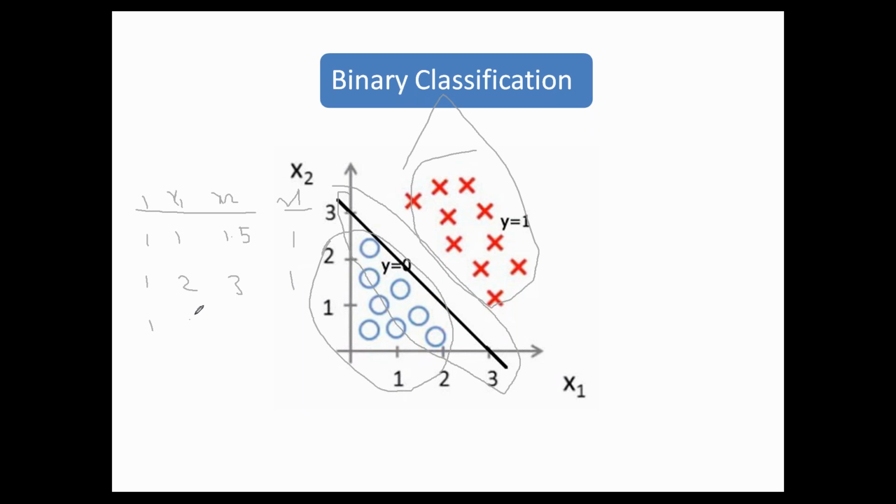Suppose 1, 2, 1 belongs to class 0. Three points are there. This is point 1, this is point 2. Just like linear regression, where you have x1, x2 and a y value, here the y value will be either 1 or 0. So these two belong to class 1 and this belongs to class 2.